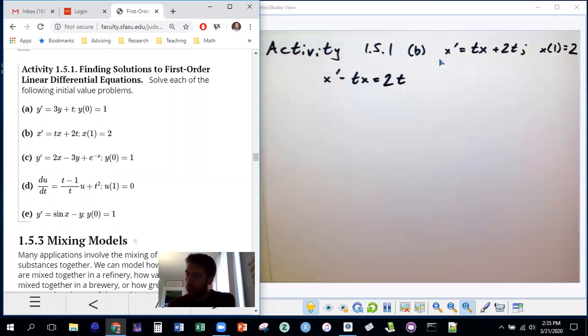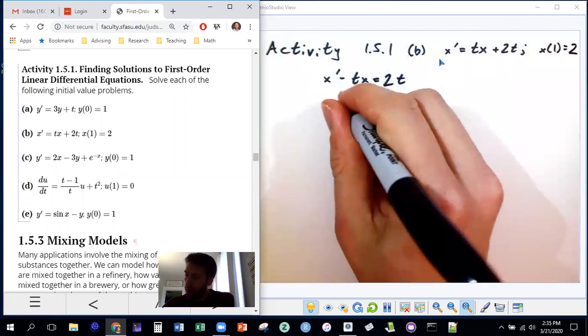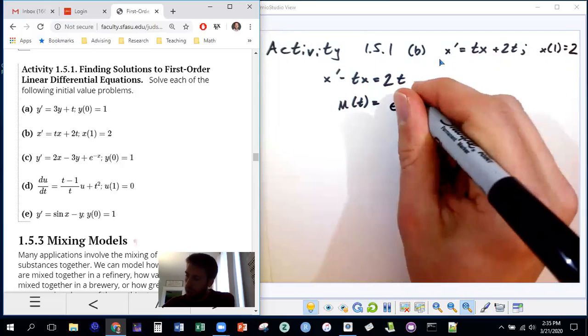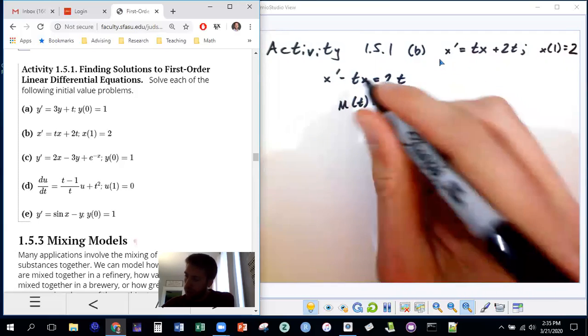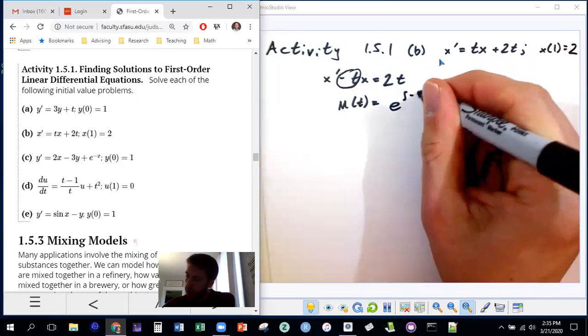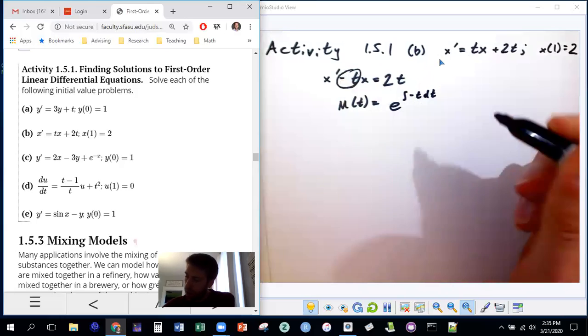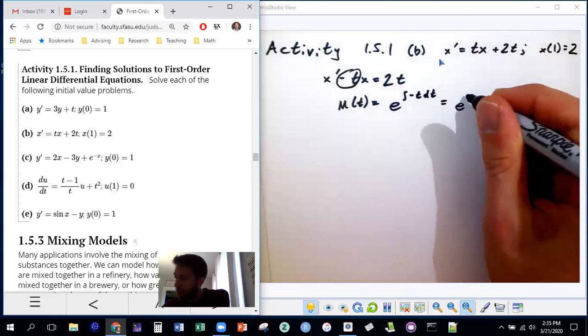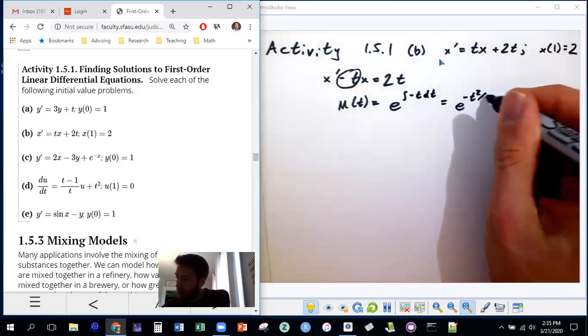And then we find an integrating factor, so mu of t equals e to the integral of this, our little p right here, so negative t dt. Well, that's equal to e to the negative t squared over 2.